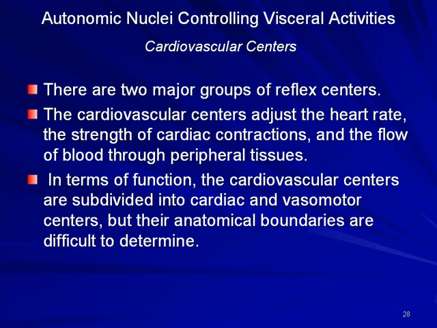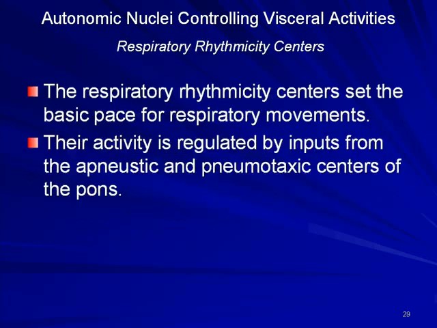Touching upon some of the reflex centers, the cardiovascular center adjusts heart rate, the strength of cardiac contraction, and the flow of blood through peripheral tissue. In terms of function, the cardiovascular center is subdivided into cardiac and vasomotor centers, but the anatomical boundaries are difficult to determine. The respiratory rhythmicity center sets the basic pace for respiratory movement, regulated by inputs from the apneustic and pneumotaxic centers of the pons.